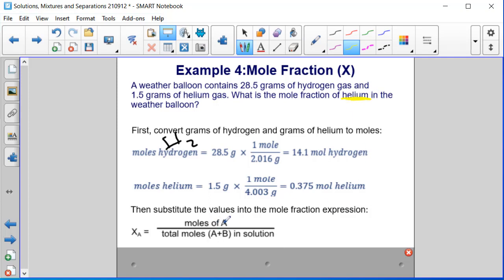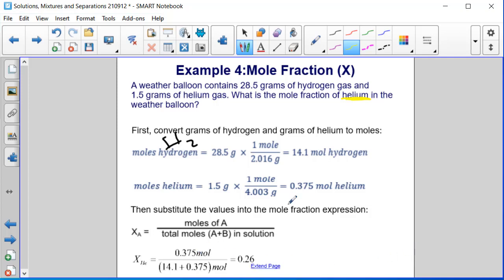So we're going to take the moles of helium on the top, 0.375, and divide by the total number of moles, 14.1 plus 0.375, to get a mole fraction of 0.26. Notice this number is unitless because we have moles on the top and moles on the bottom. So those cancel, and we're just left with this fractional value of 0.26.